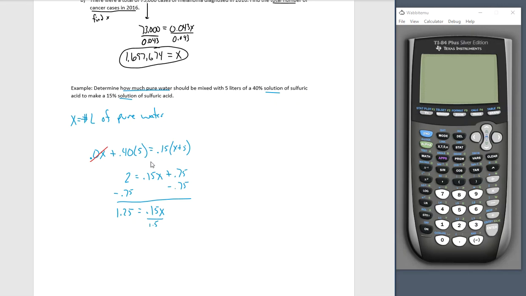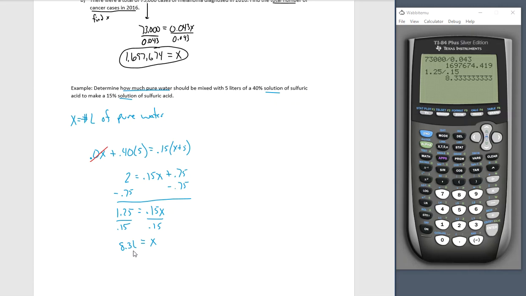Let me write that better. Divide by 0.15. Use our calculator over here, it went to sleep on us. $1.25 divided by 0.15. I would have to add 8 1/3 liters of pure water in order to dilute 5 liters of a 40% solution into a 15% sulfuric acid solution.